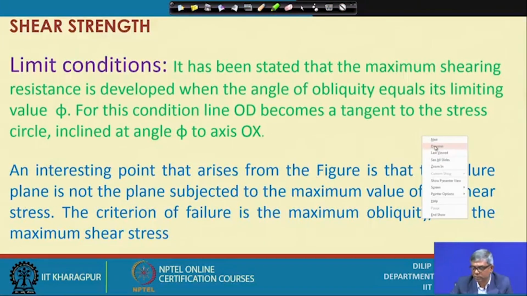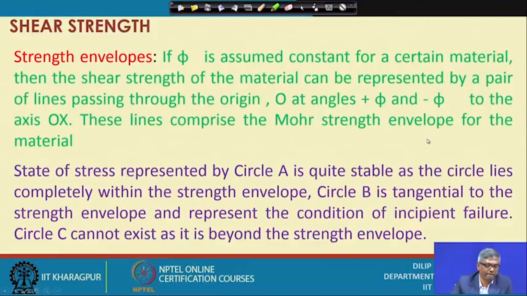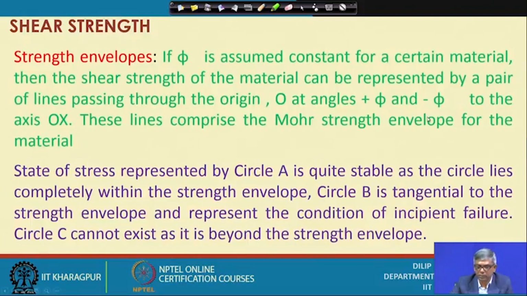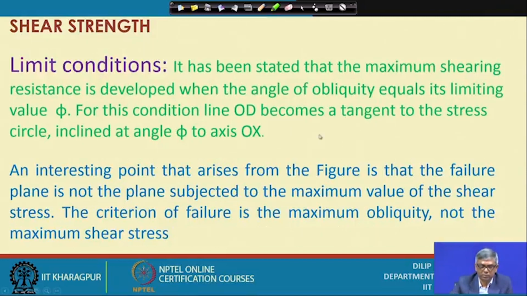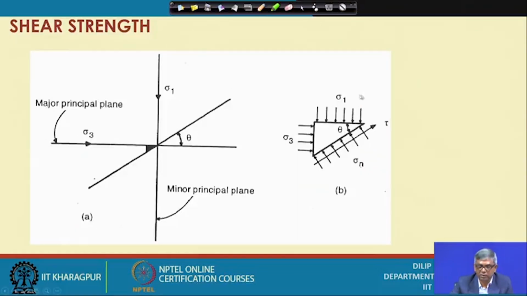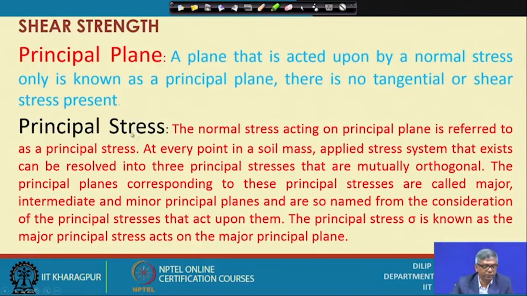You can see this is the circle, and on that circle when this alpha changes and becomes tangent to this, at that point we get the limiting resistance.